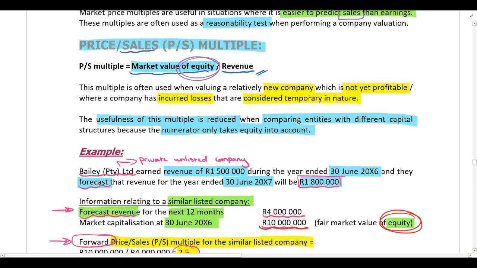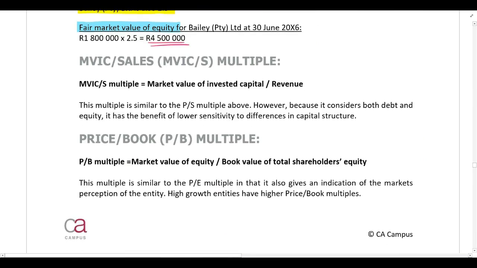So to overcome this limitation, instead of calculating the price sales multiple, we can calculate market value of invested capital over sales, because now we are not only including equity in our numerator, but we are using the market value of invested capital, which includes both debt and equity. So you can see this is similar to the price sales multiple. However, because it considers both debt and equity, it has the benefit of lower sensitivity to differences in capital structure.